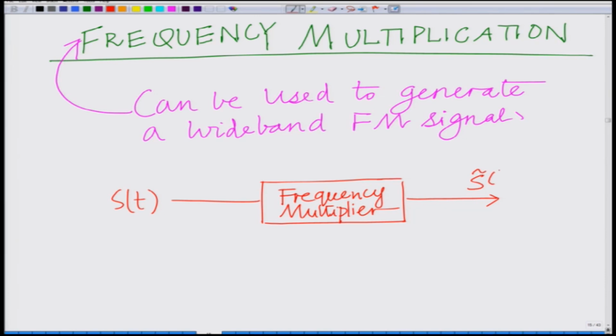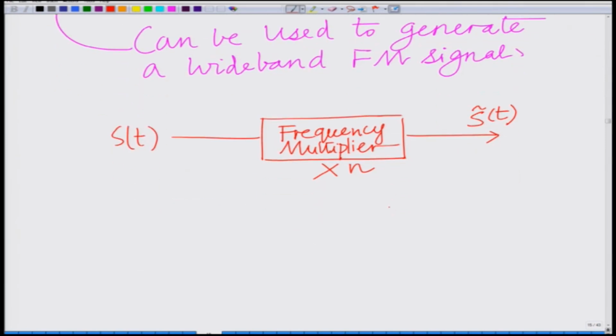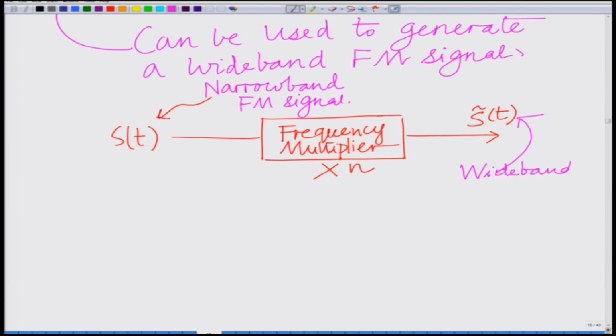And the output is S tilde t. This multiplies the frequency by a factor of n. So, we input a narrow band FM signal, and the output is a wide band FM signal.